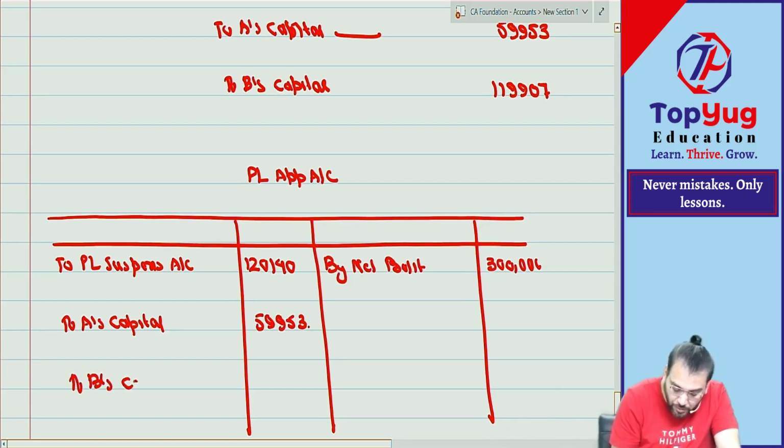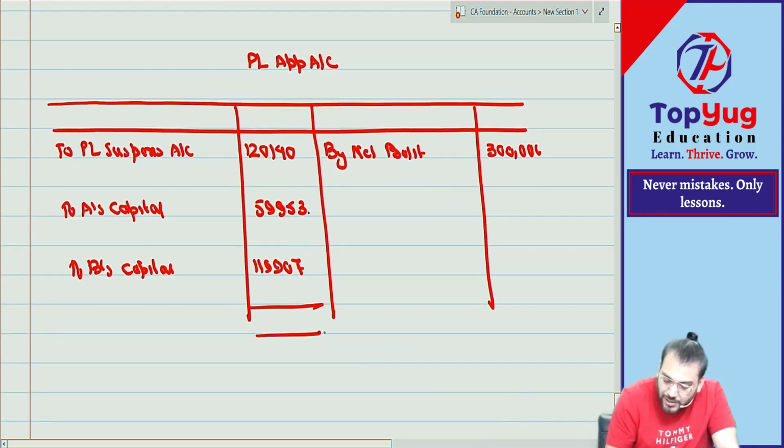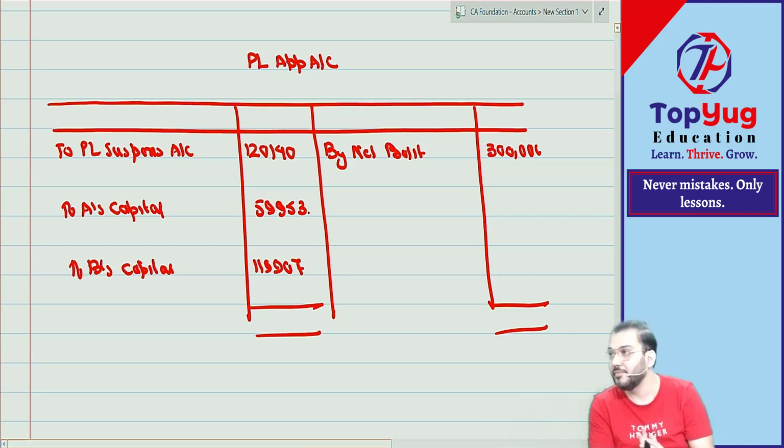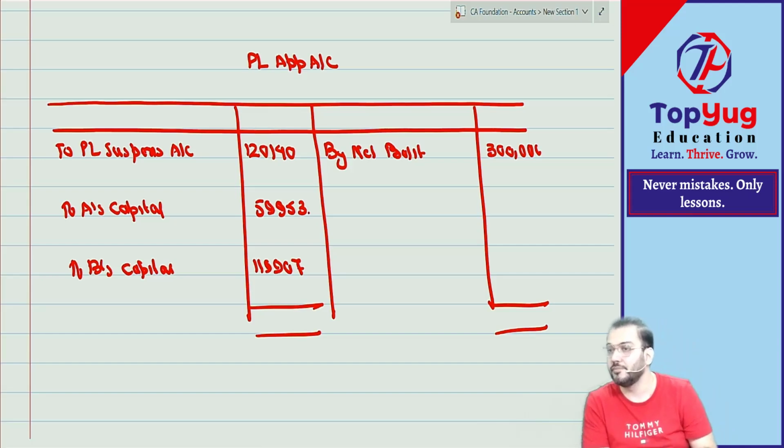To B's capital how much? 1,19,907. Have you understood the entire point? It's very easy if you understand. If you do not understand, then everything is complicated. Anyone who has not understood?